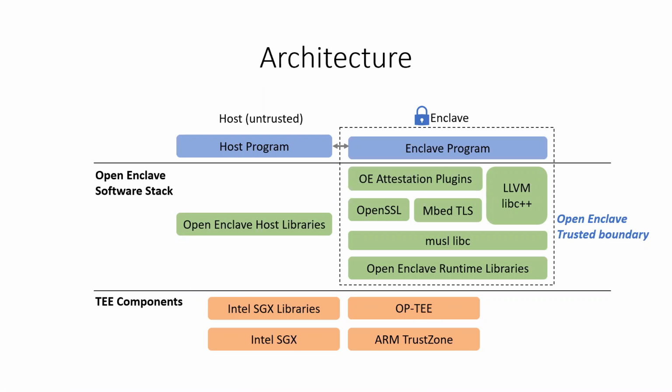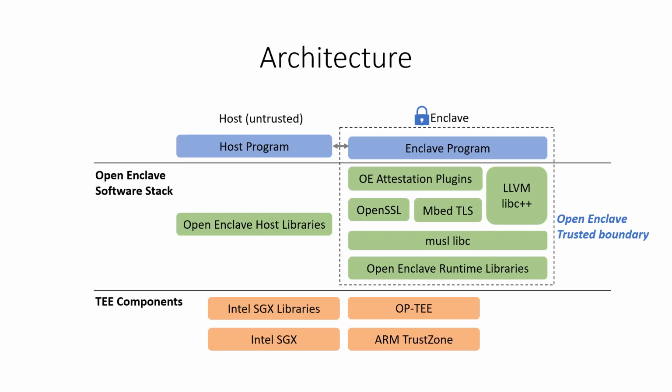The architecture of an Open Enclave application looks like this. We respect the typical TEE model, where there is a normal, untrusted world and a trusted world, the TEE. And Open Enclave really sits between the low-level components and the high-level applications, so that we can abstract all the low-level details.